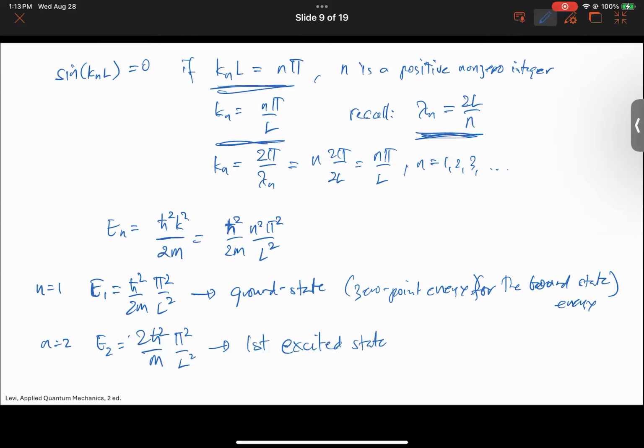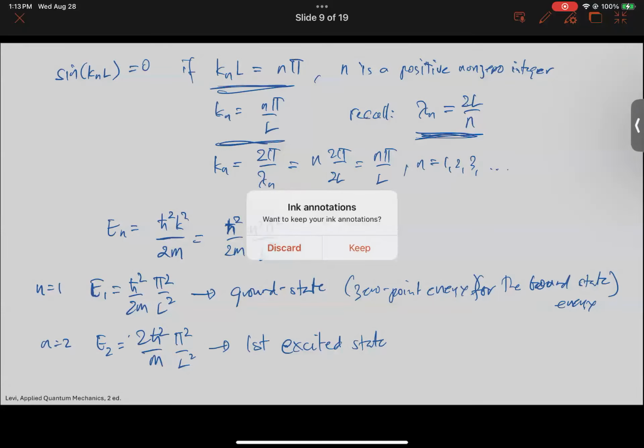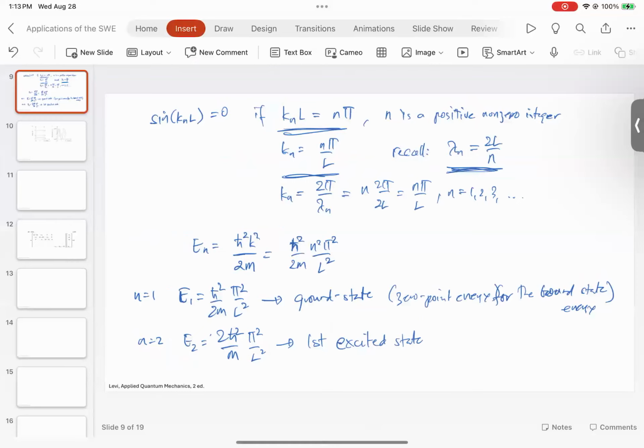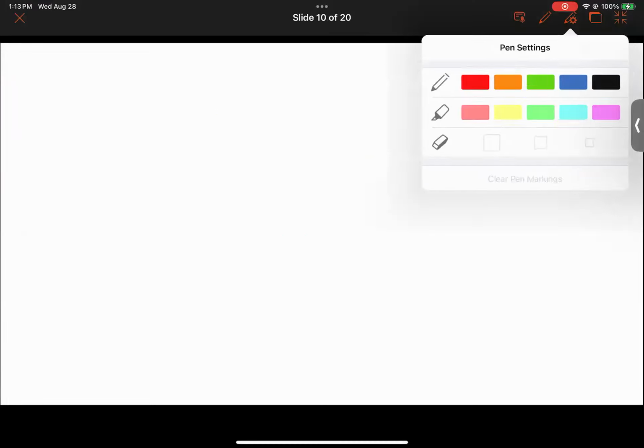Naragdag lang ako ng slide. Okay. So, ang next step dito, of course, is to determine kung ano yung wave function.